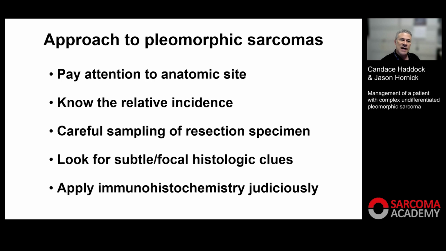We have to understand relative incidence of various pleomorphic sarcomas based on anatomic site. As we will discuss in a moment, on a resection specimen, sometimes sampling is required to identify focal areas that allow us to make a specific diagnosis. And then, as I always like to say, apply immunohistochemistry judiciously. Next slide, please.